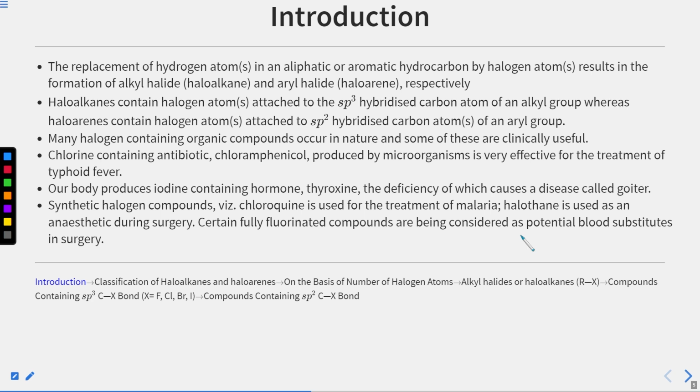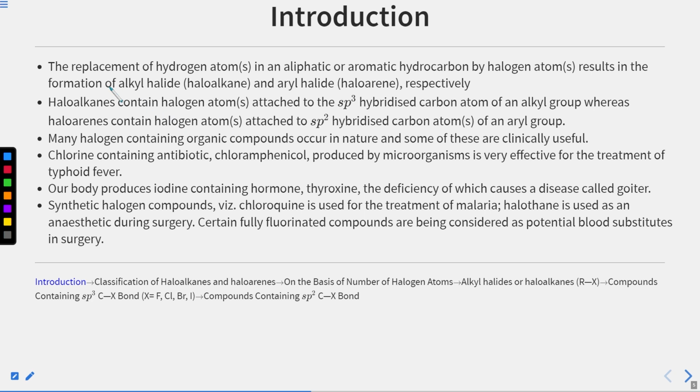Now the resultant compound we get after replacing it with a halogen is termed a haloalkane or haloarene, depending upon the structure that we have. If it is an alkyl halide, so suppose we have a linear chain, then we call it a haloalkane, and if it is connected to an aryl compound, then we call it a haloaryl or haloarene.